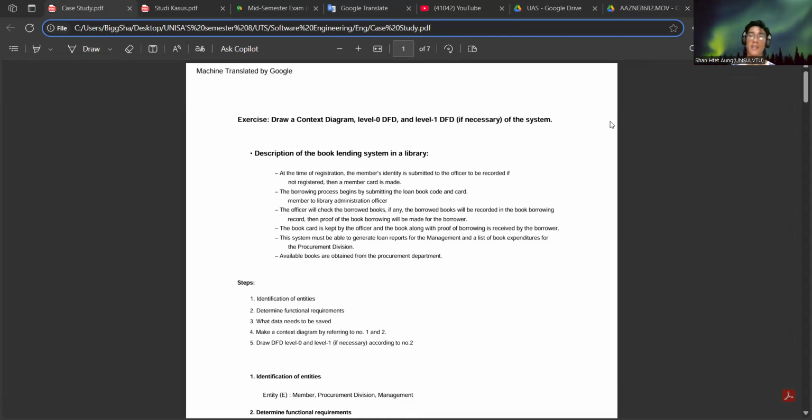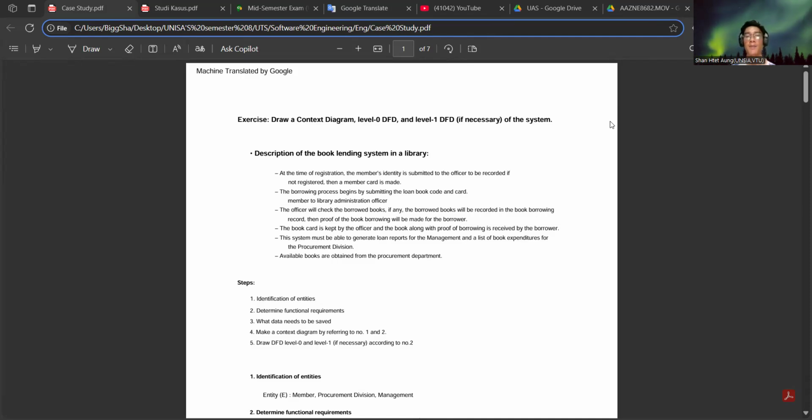And in that, they have the registration session. In the registration session, the member submits the form to the officer for the recording process. If the member is not registered, then the member gets it and you make it in the employee process.